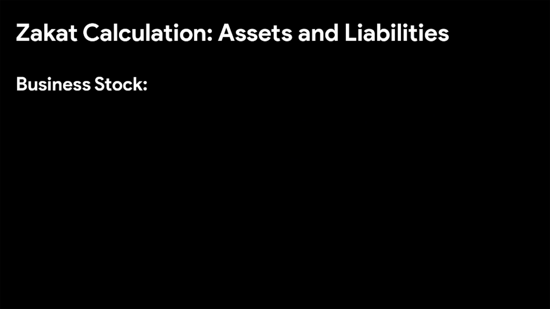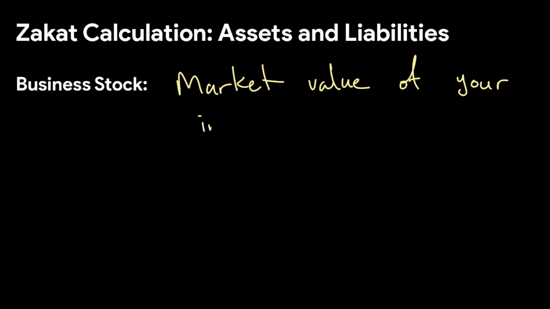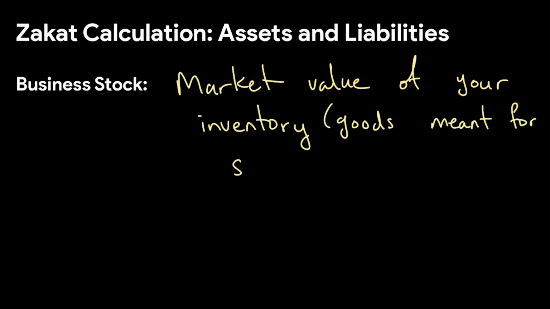So next is business stock. So this is if you own a business, you must pay zakat on the market value of your inventory, which are goods meant for sale.